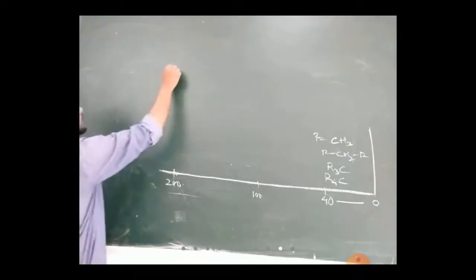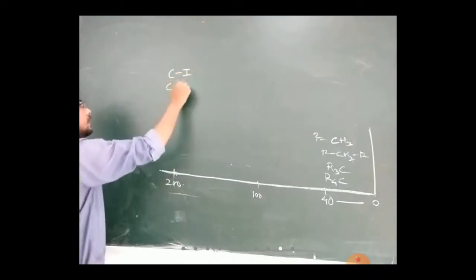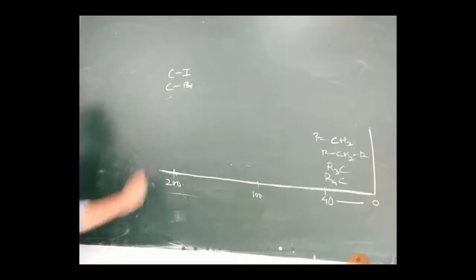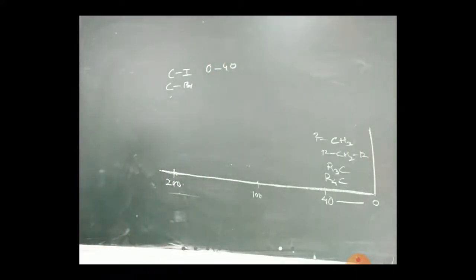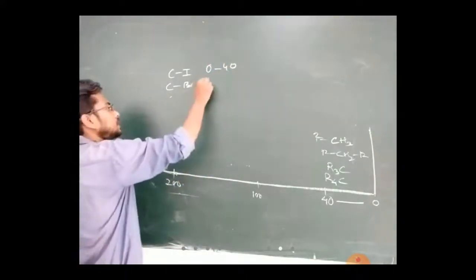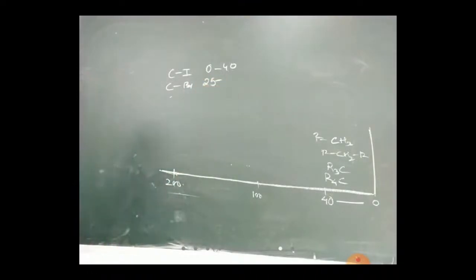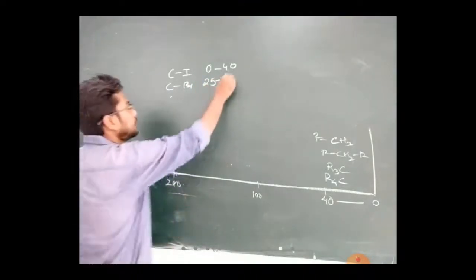Then you have your halogens, C-Cl, C-Br, all of these, which appear in the range of again around 0 to 40, and sometimes for bromine it is given as 25 to 65.